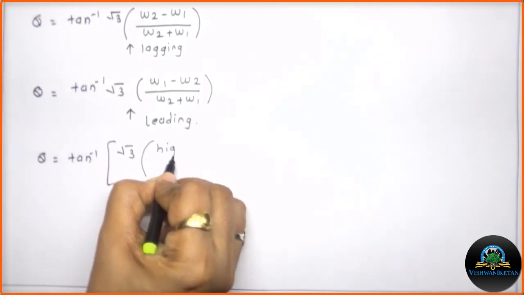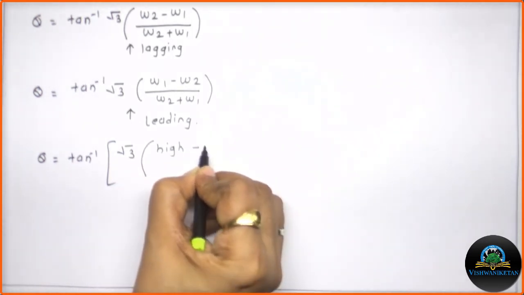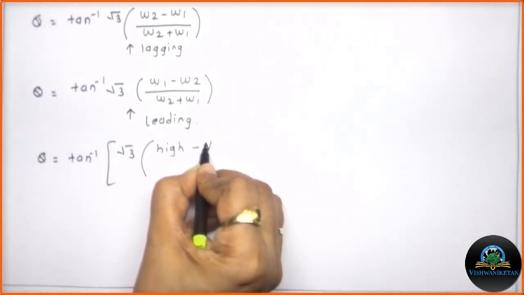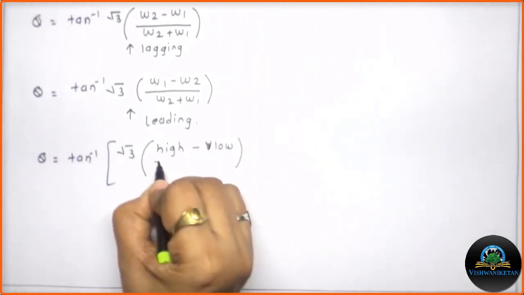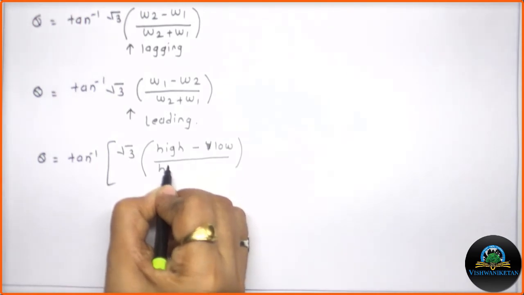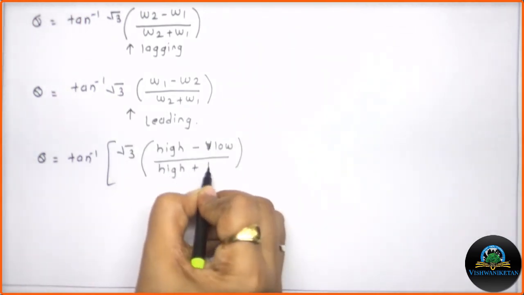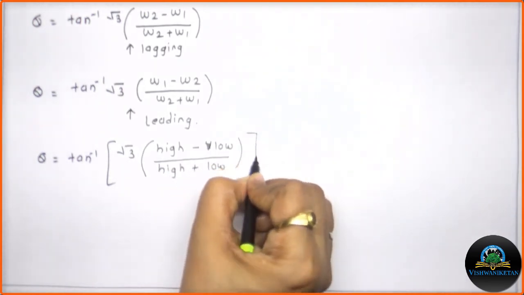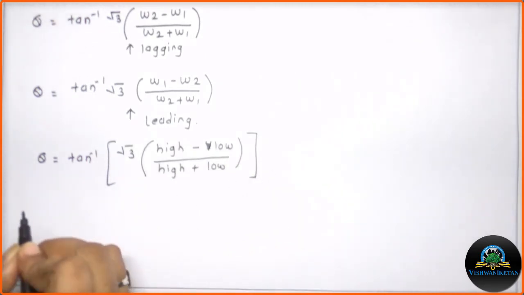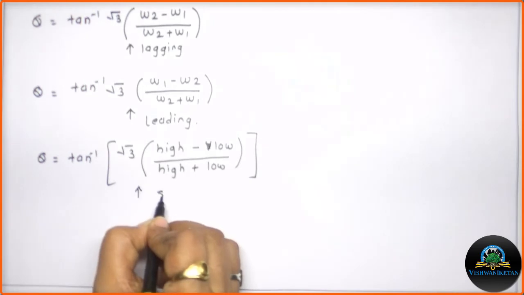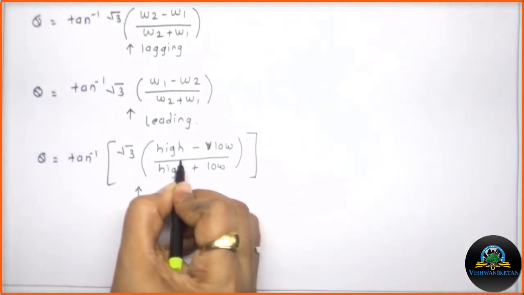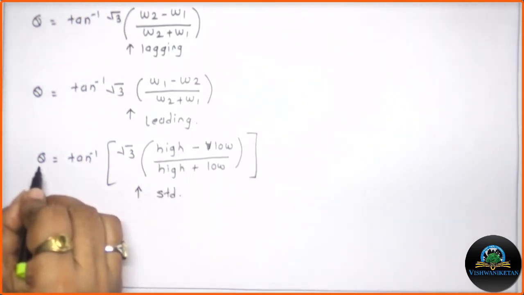So high value minus low value upon high value plus low value. This will be for the standard any value. So this is the standard equation for any case where we have to calculate the theta.